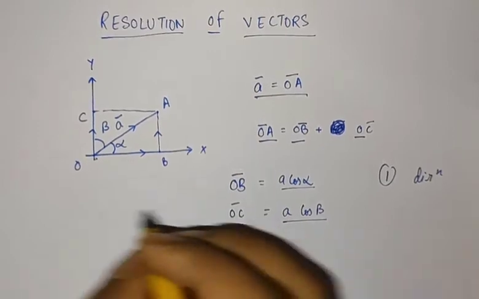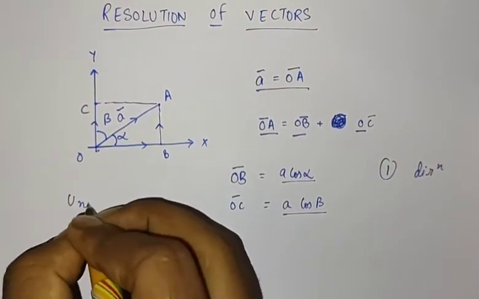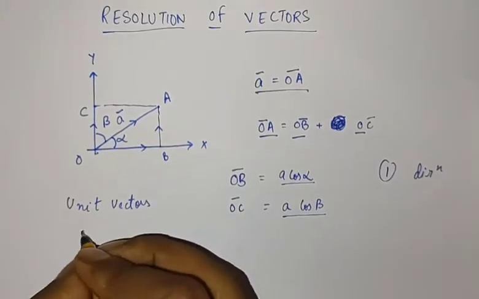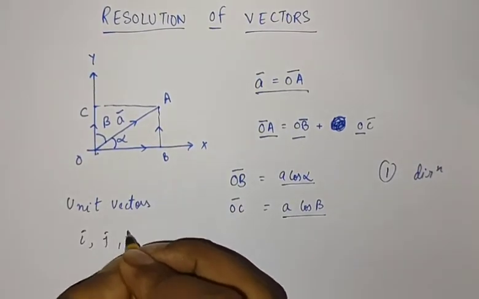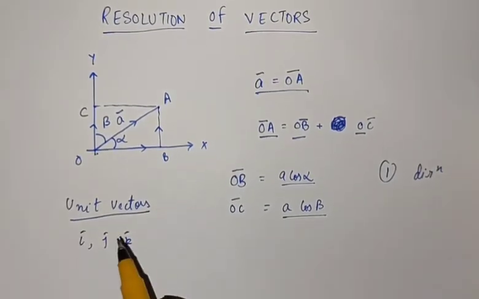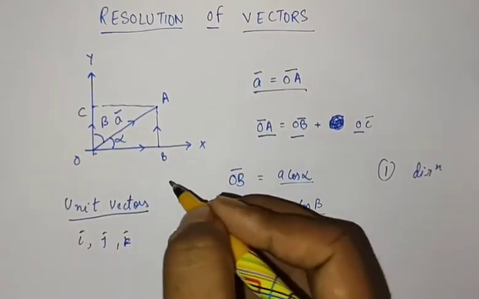Okay, so we are assigning unit vectors as I, J, K. These are our unit vectors. What unit vector I tells us is that it gives us the direction of the x-axis.